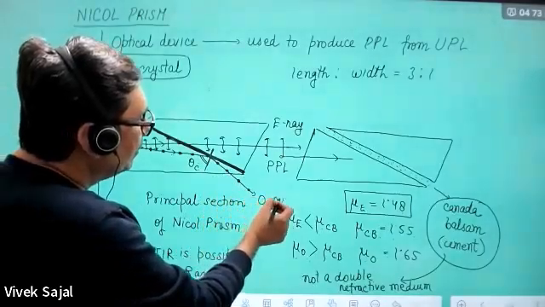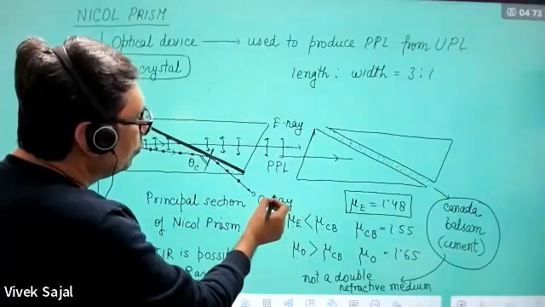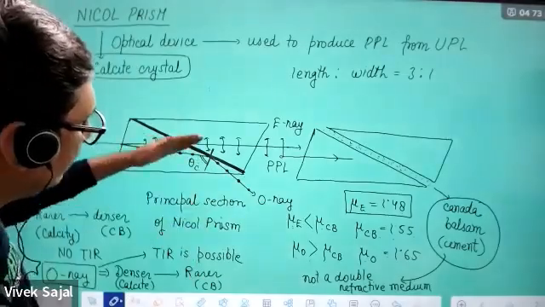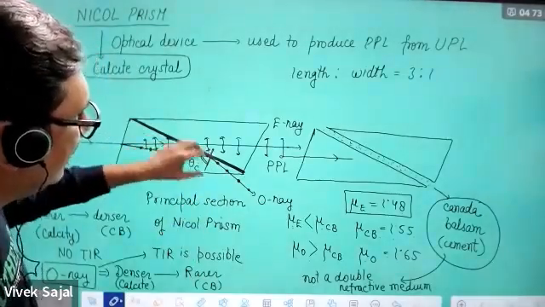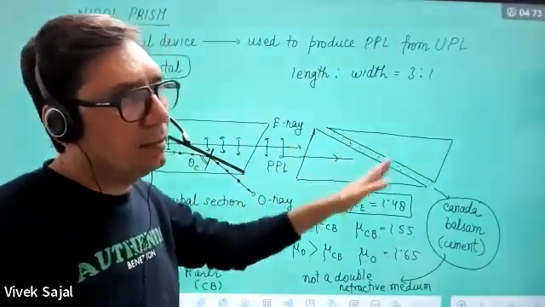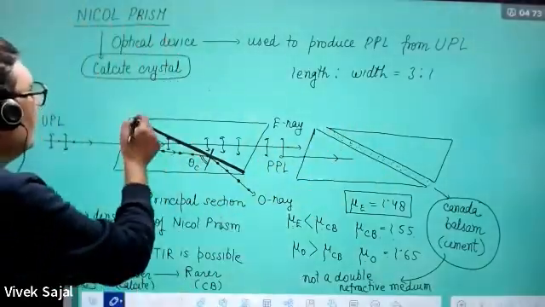O ray undergoes TIR and it will go to the side. It will pass through the side, and on the other side of the Nicol prism, only E ray will pass. What you do here is very simple.